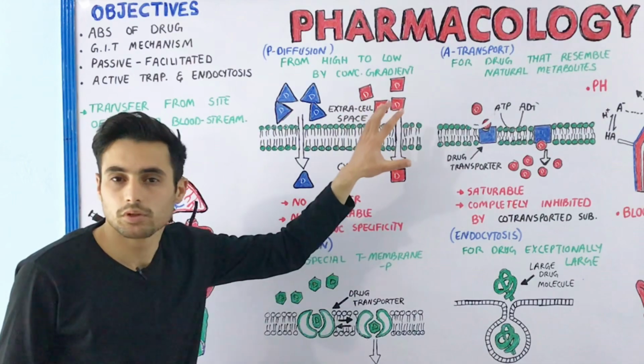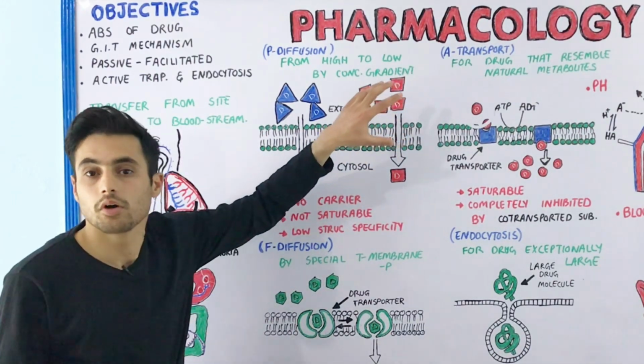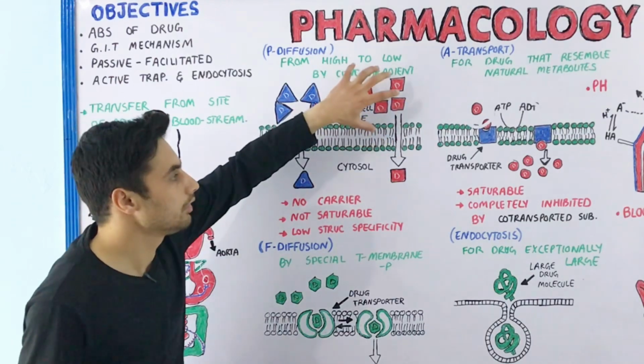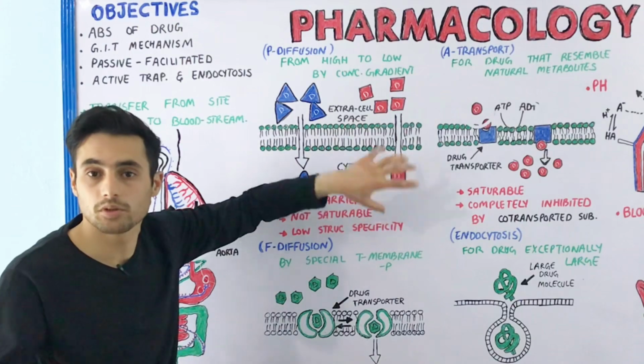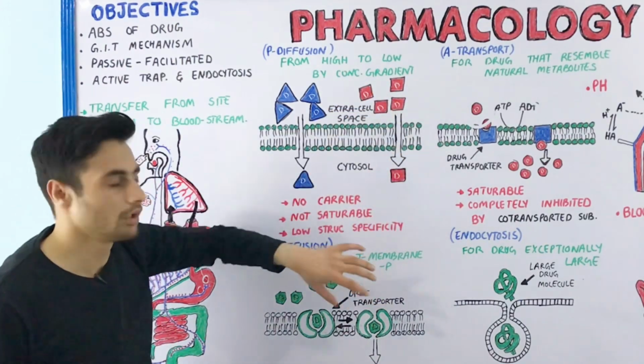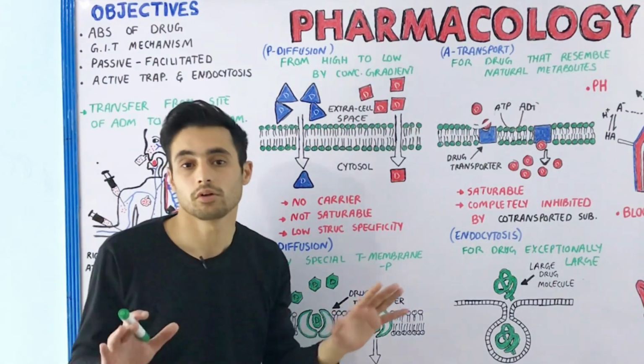The lipid-soluble drug, on the other hand, doesn't need the aqueous pores or the aqueous channel. They readily cross the lipid membrane because they are lipid-soluble. No problem crossing the plasma membrane. Now, because there is no carrier protein involved, it is not saturable.